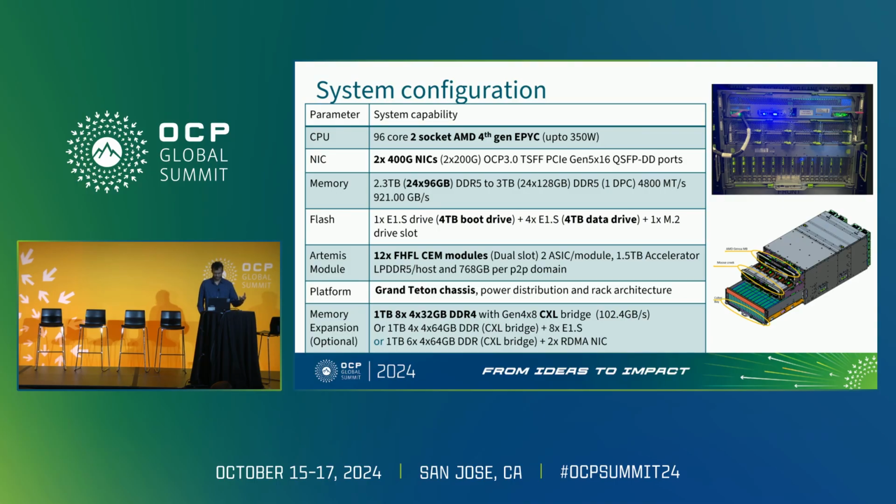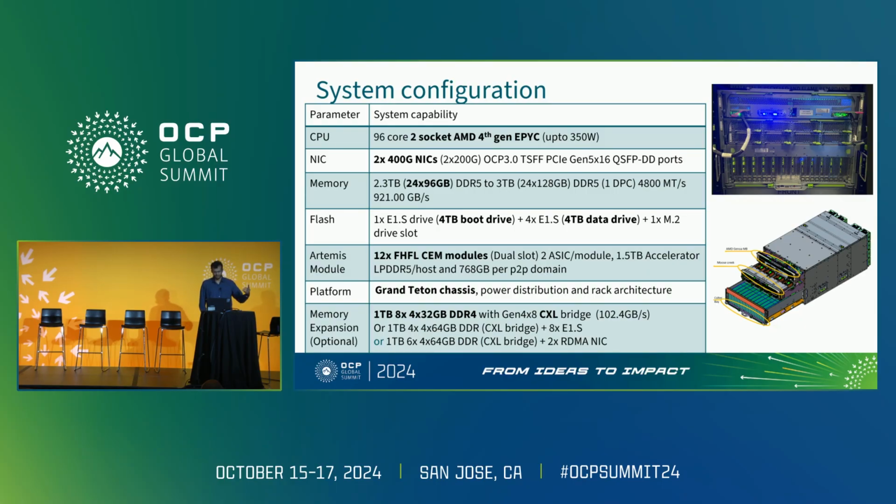So the overall system is a derivative of the Grand Teton platform that was designed for GPUs. We made changes to the accelerator tray and the expansion tray to support this use case. Within the expansion tray, we have multiple options. We can support CXL memory through 8 CXL modules and 4 flash drives connected to the PCIe switch.